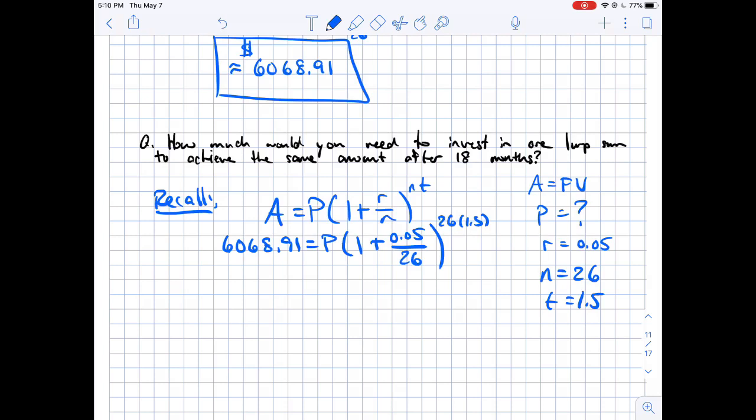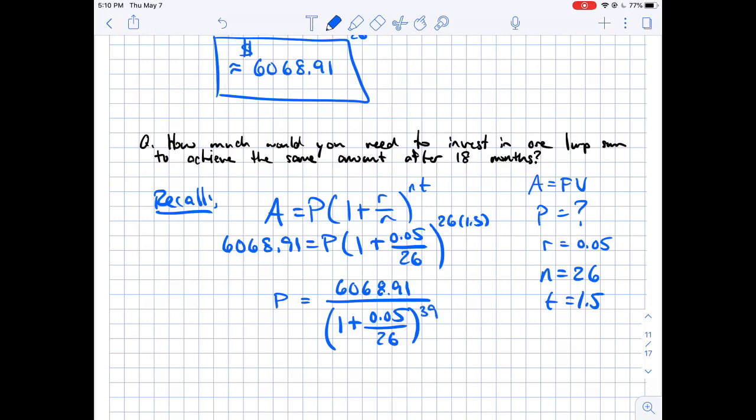You end up getting that P is going to be equal to 6,068.91 divided by 1 plus 0.05 over 26 to the power of 39.